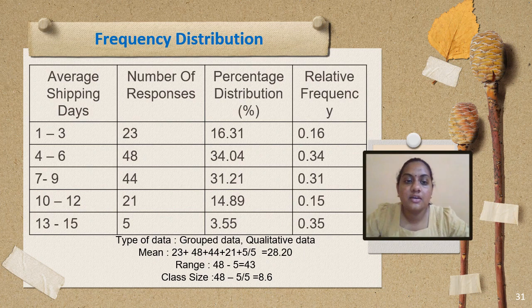Okay, here is my frequency distribution, with some short interpretation that I did. The average shipping days start from 1 to 15 days.